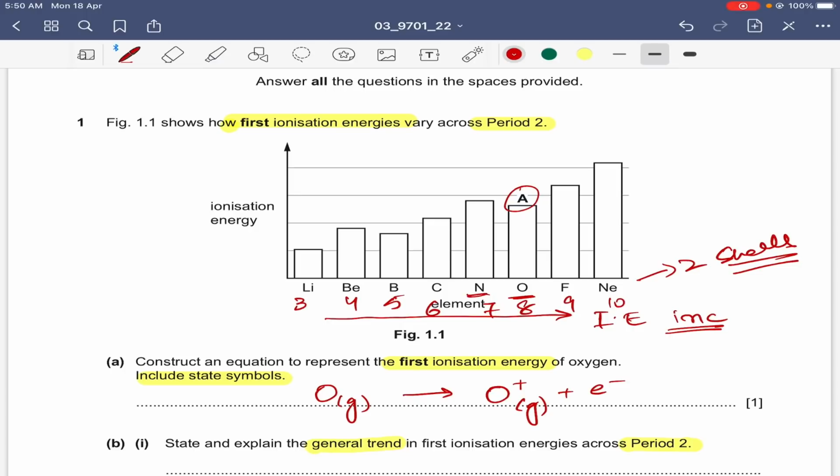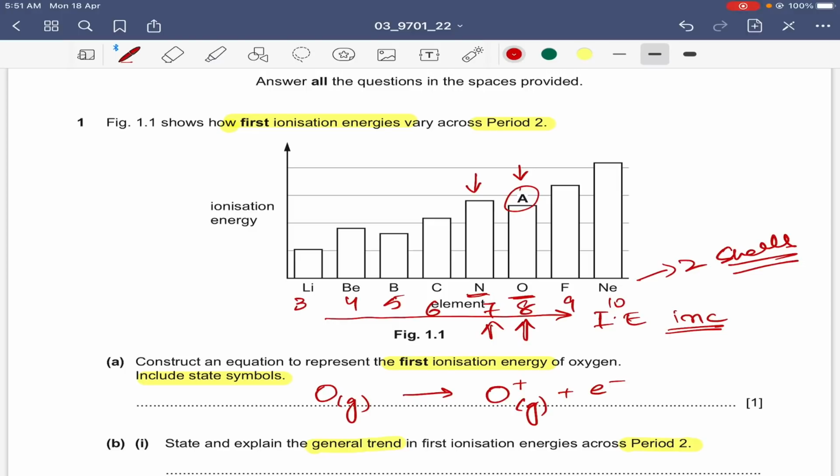The trend is of increasing ionization energy, but as we can see, the ionization energy of oxygen is less than that of nitrogen, although its atomic number is higher compared to nitrogen, but still it is easier to remove an electron from oxygen. So what is the reason behind it?